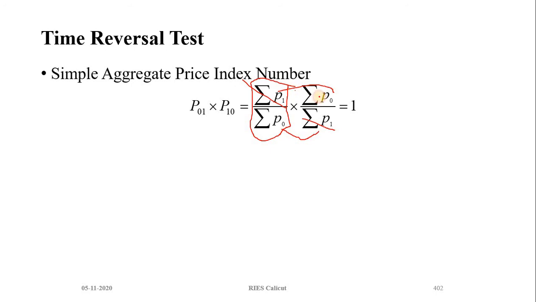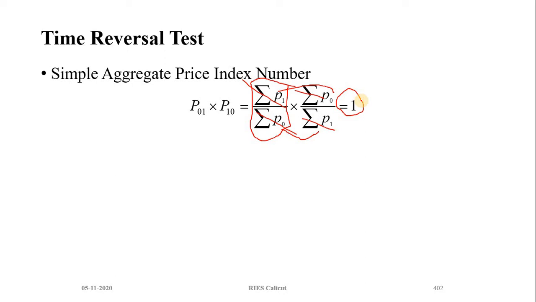Sigma P0 is here, and here as well. So it will be equal to x. We can easily cancel out these two equations, so it will be equal to 1. So what we can say is, the simple aggregate price index number satisfies the time reversal test.